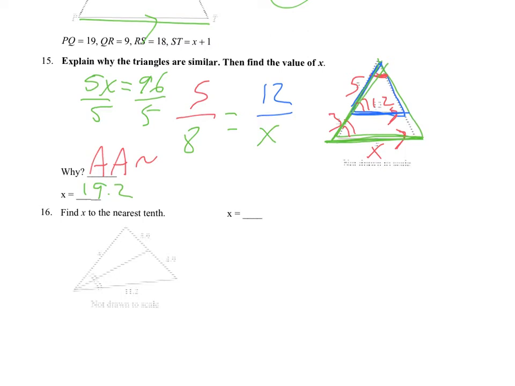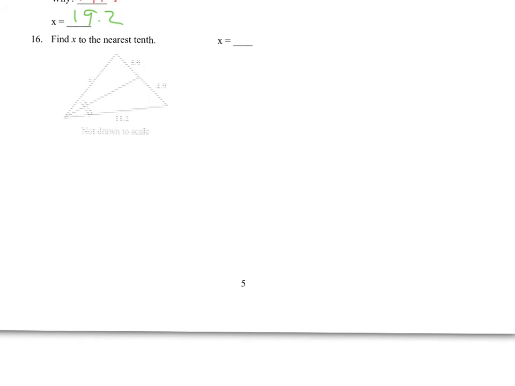Okay, let's look at number 16 now. I'll draw some things in that triangle as well. So we have an angle bisector. And I have lengths 5.9 and 4.9. And then I have lengths of 11.2 and x. Now you remember, an angle bisector creates two segments that are proportional to the sides.